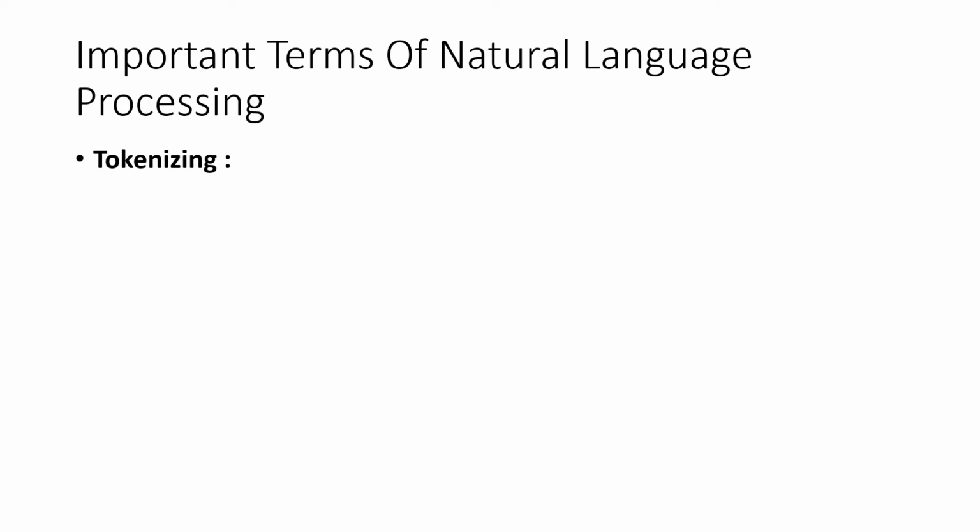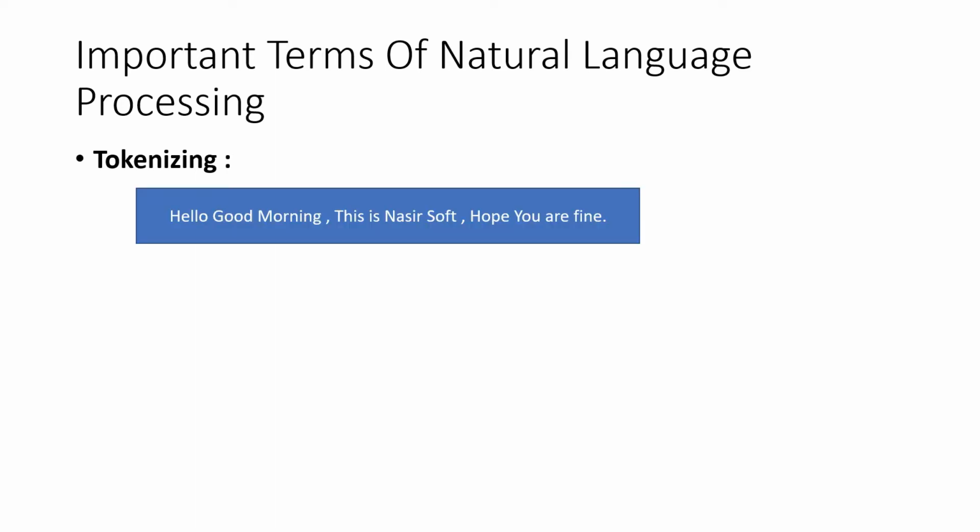So the first term, the most used term in natural language processing, is tokenizing. What is tokenizing? To understand it, just consider this text: hello, good morning, this is Nasir Soft, comma, hope you are fine.